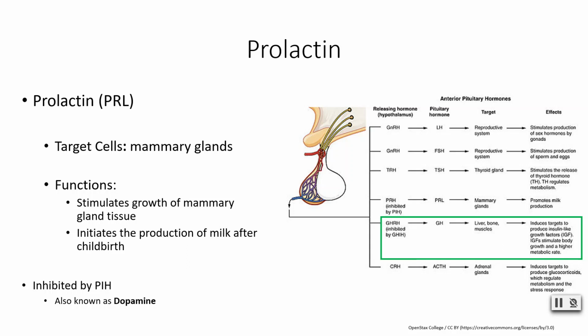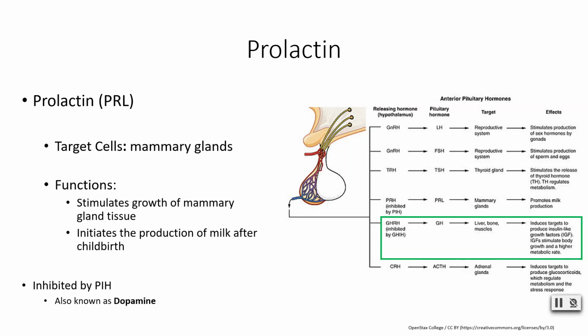One of the interesting things about prolactin is that our normal, everyday, good old homeostatic state, everybody remembers homeostasis, your normal state with regards to prolactin is actually to inhibit it. So think about it. If you are female, if you have not just given birth, you probably don't really want to or need to make milk on a regular basis.